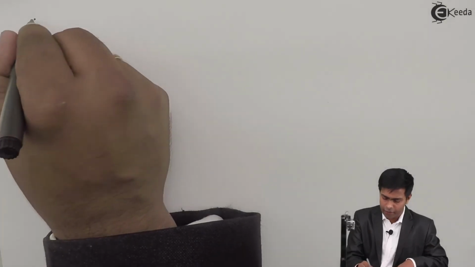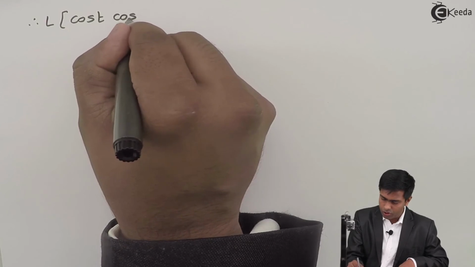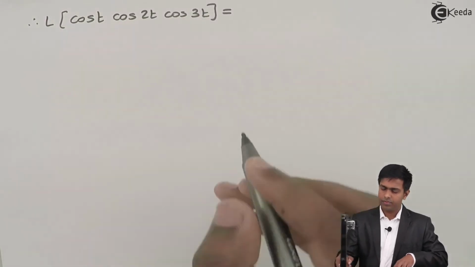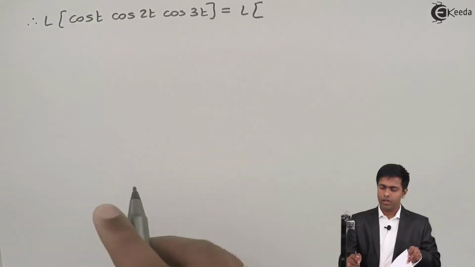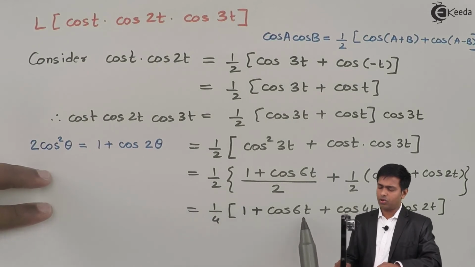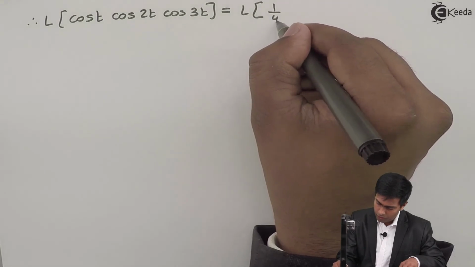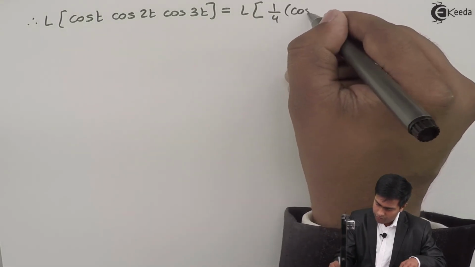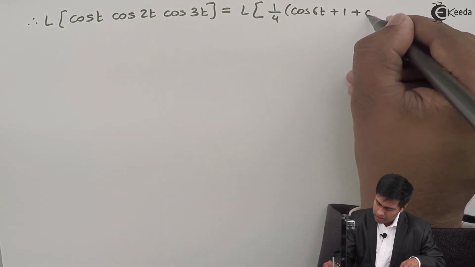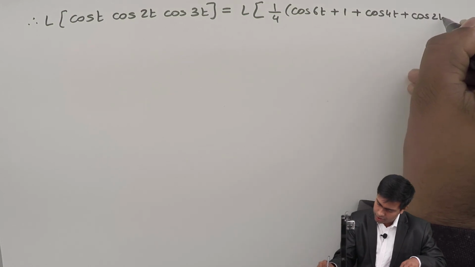So here we'll say therefore Laplace of cos of t into cos of 2t into cos of 3t is equal to Laplace of, now what is value of this? It is 1 by 4 into 1 plus cos 6t, cos 4t and cos 2t. So that will become 1 by 4 cos of 6t plus 1 plus cos of 4t plus cos of 2t.